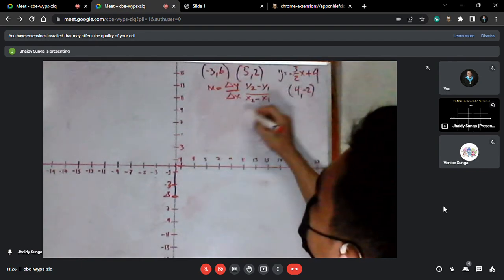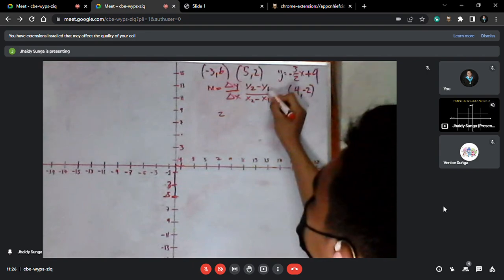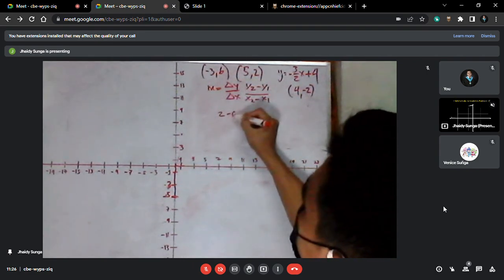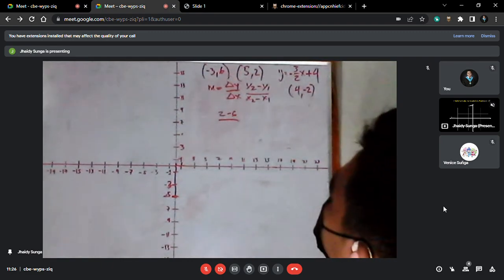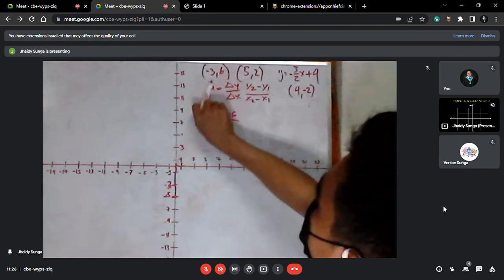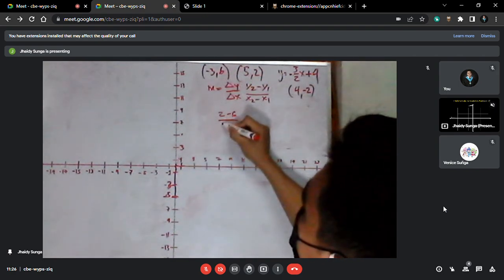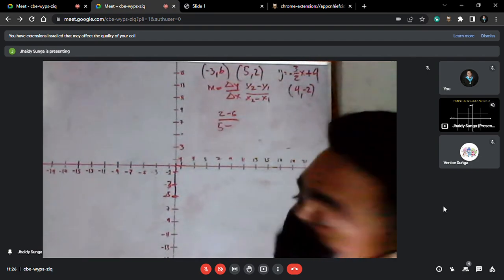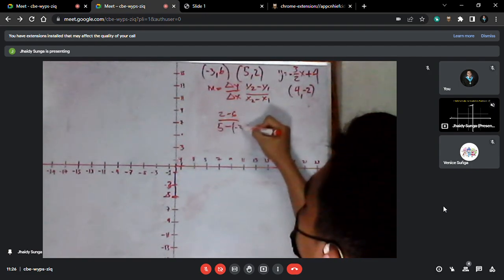So our y sub 2 is 2, and our y sub 1 is 6, so it is 2 minus 6. All over, our x sub 2 is 5 minus our x sub 1, which is negative 3.